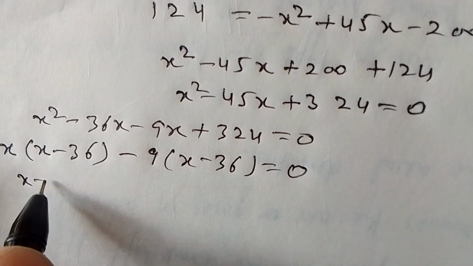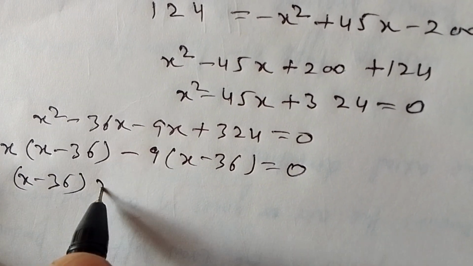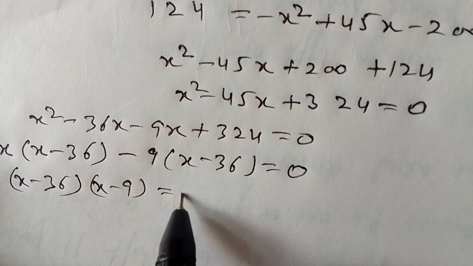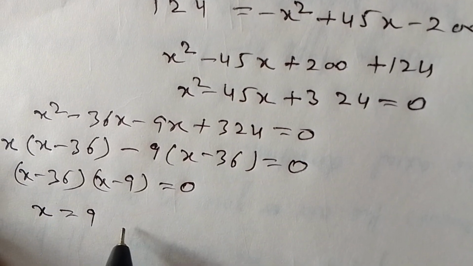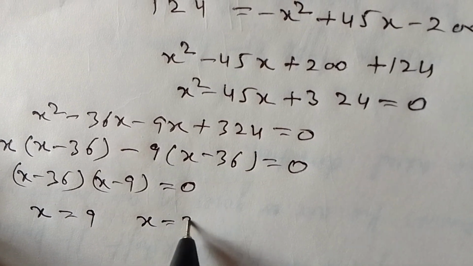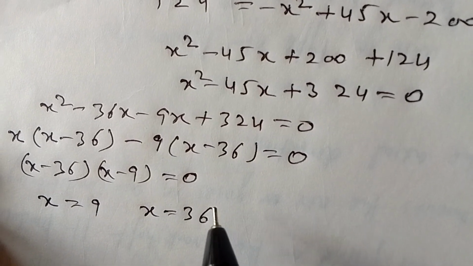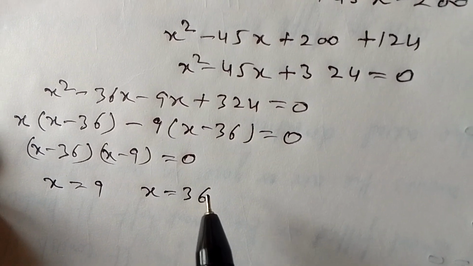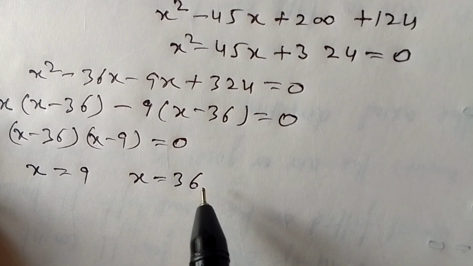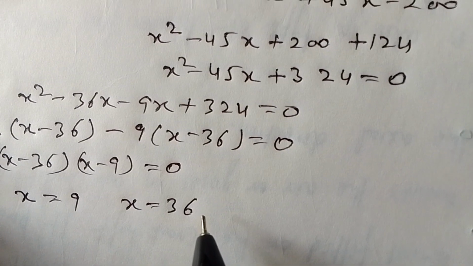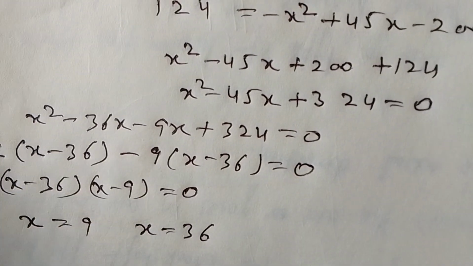So one term is x minus 36 and the second term is x minus 9 is equal to 0. So the x value comes out to be either 9 or 36. So these are the number of marbles they have, 9 and 36. So this is the answer of the first part of the question.